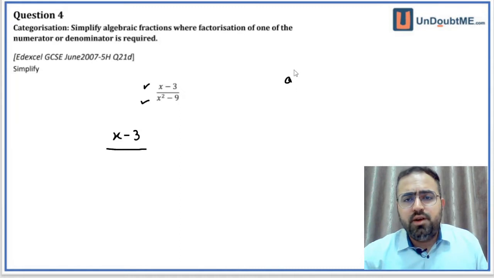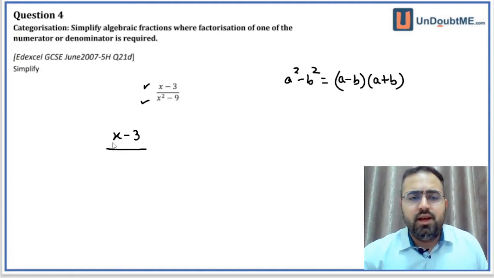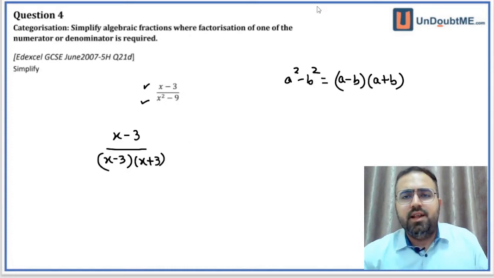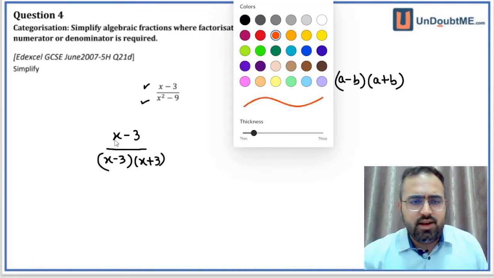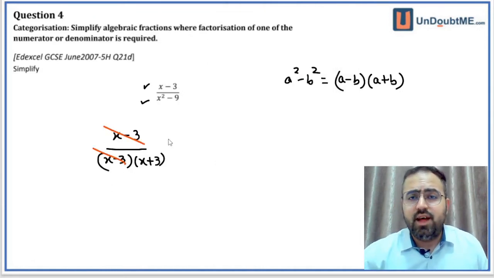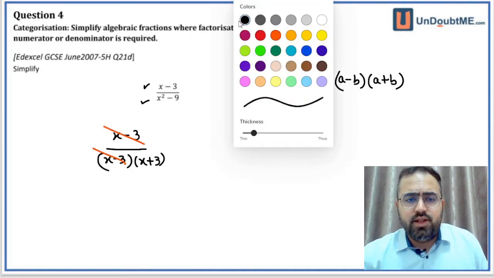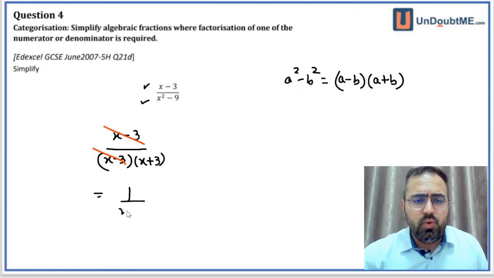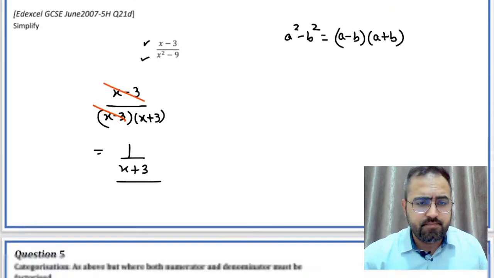Now in the denominator, I have a square minus b square type of identity, which can be written as a minus b, a plus b, and it will be x minus 3, x plus 3, and as you can see this x minus 3 is cancelled, so we are left with finally 1 over x plus 3. That's the final answer.